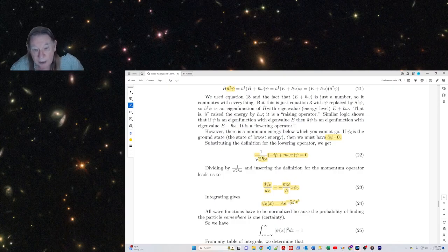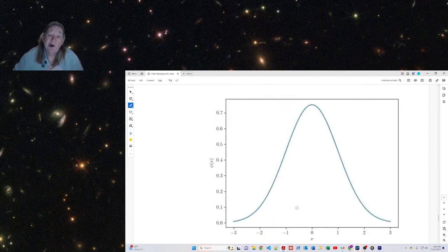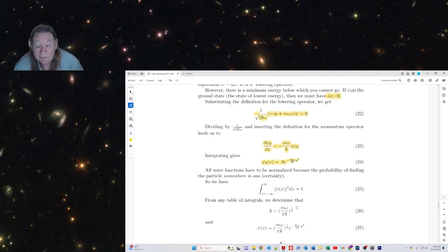What this looks like is a famous bell-shaped curve, familiar from statistics. It's also called a Gaussian, after Carl Friedrich Gauss, the brilliant mathematician.